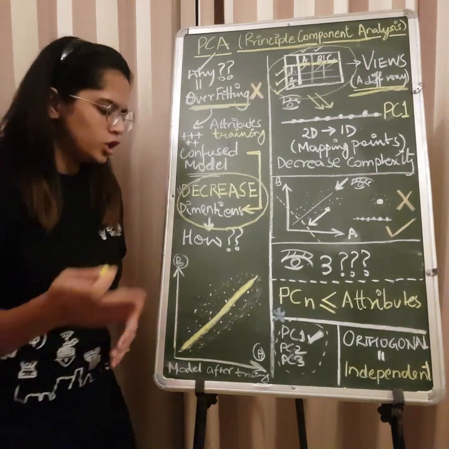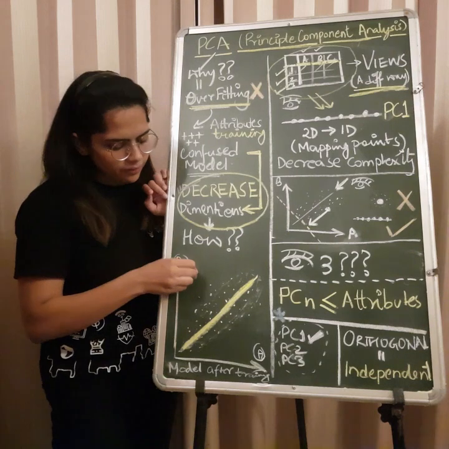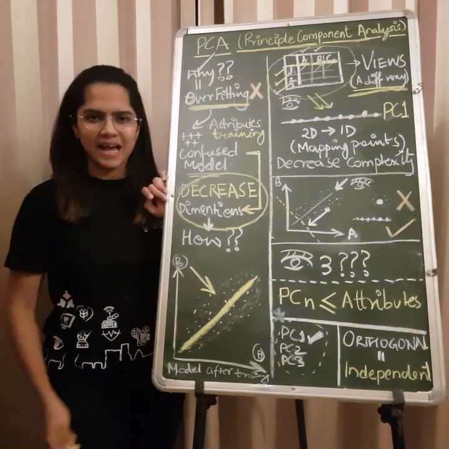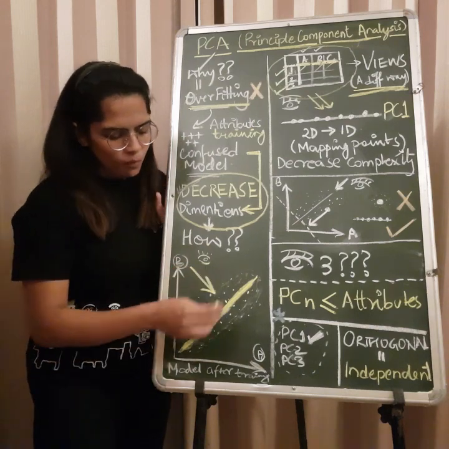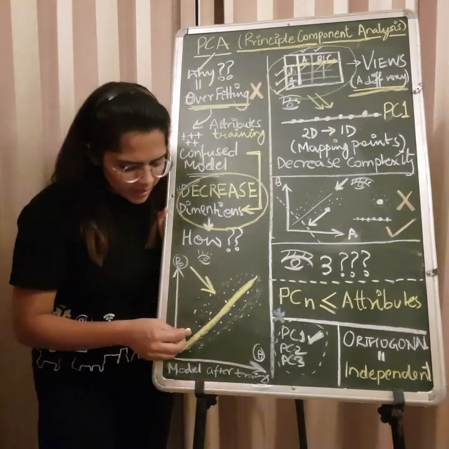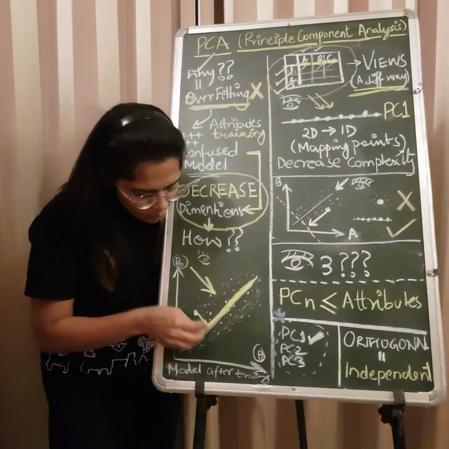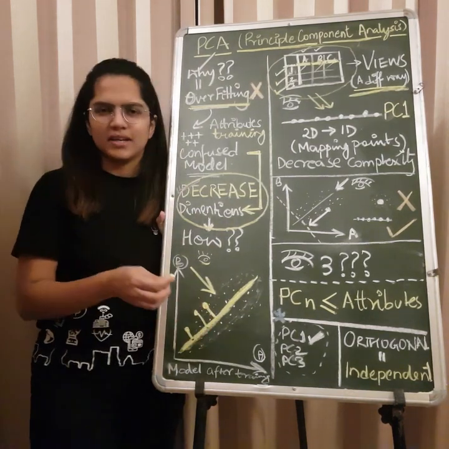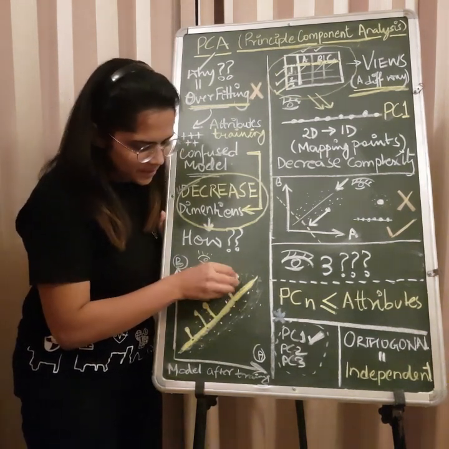Let's say you were supposed to stand in the view of the plane and view this from this angle. If you saw this here, what would you see? You would essentially see all these points getting overlapped on this. A little bit of imagination is required. So you would see this happening.